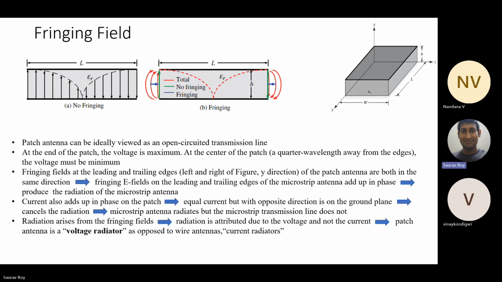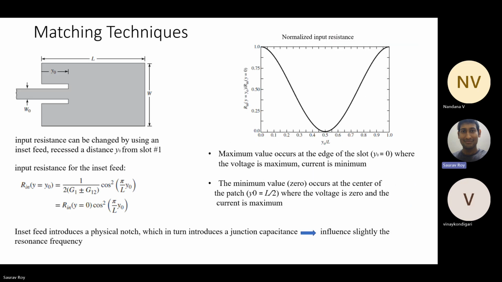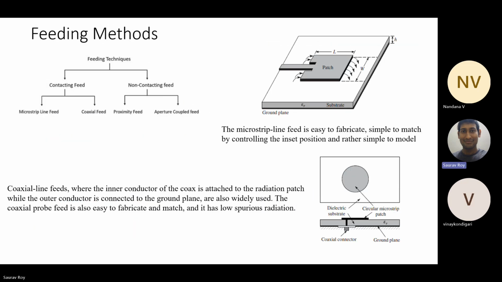So maybe I will stop here. From tomorrow on, we will start from fringing fields and how this is important for the cavity model and the other topics. You go through all this, and try to simulate one of these antennas from the previous equations and pages.